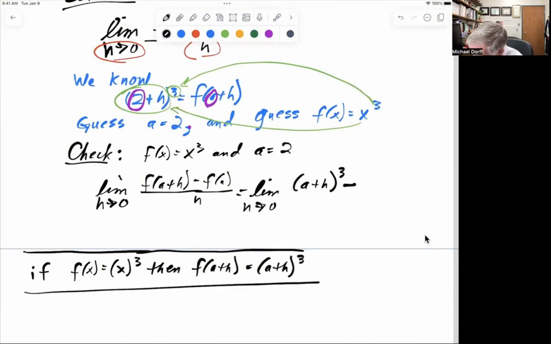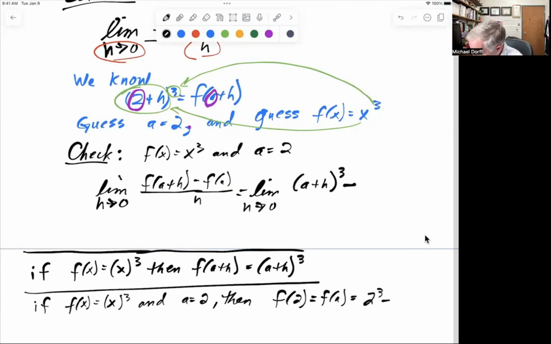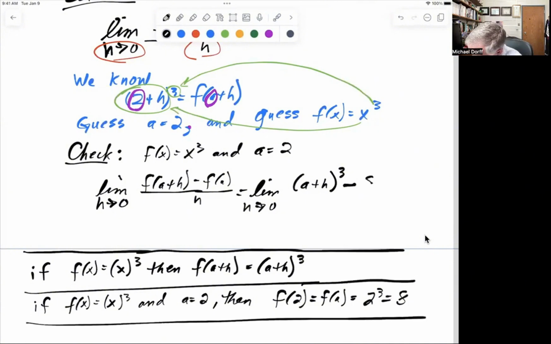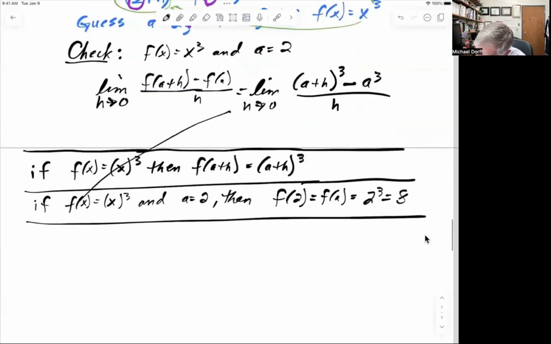Going back here, then now I have f of a. What's f of a? So if f of x is x cubed and a is 2, then f of 2, which is f of a, is going to be 2 cubed, which is 8. So I'm going to get 8. Oh, sorry, let me rewrite this here. It'll be (a plus h) cubed minus 8 over h. Now we're going to go down here.